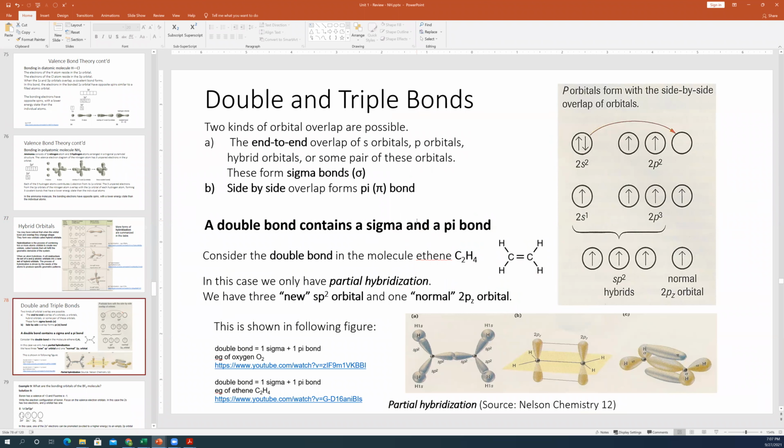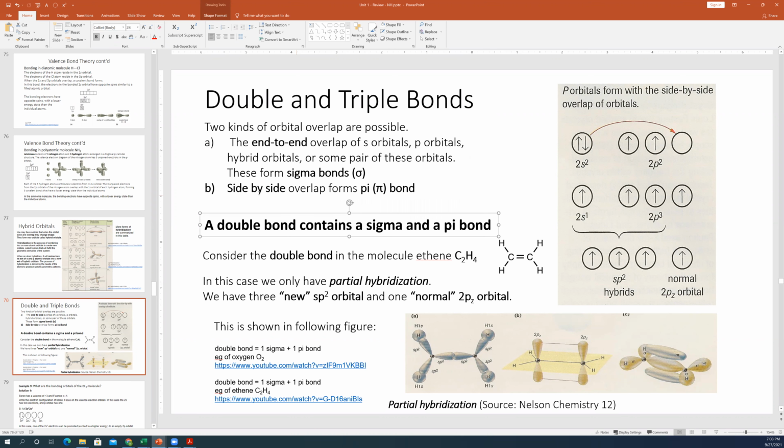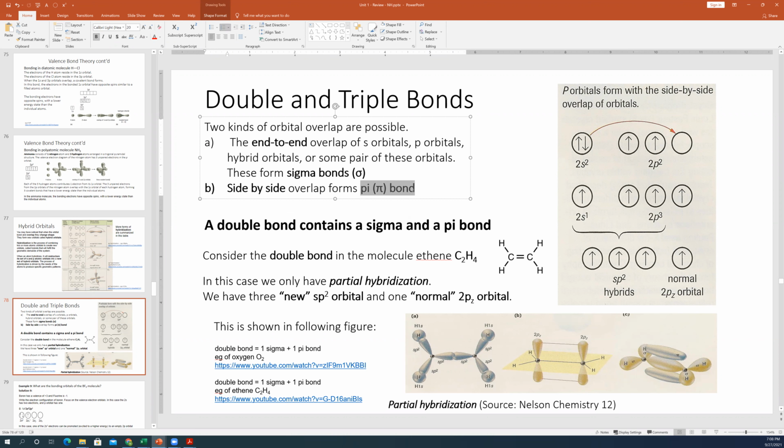What you have to remember is that orbitals can overlap to form covalent bonds in 2 possible orientations. They can either come head to head, or they can approach each other side by side. If they come end to end or head to head, you will form a sigma bond. If they are side by side, you would form a pi bond.